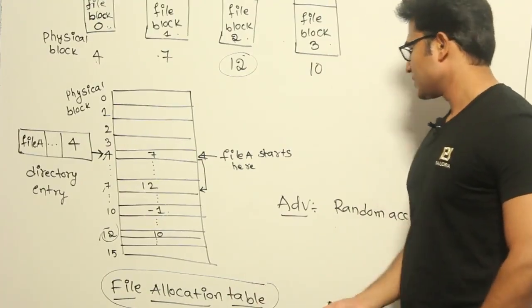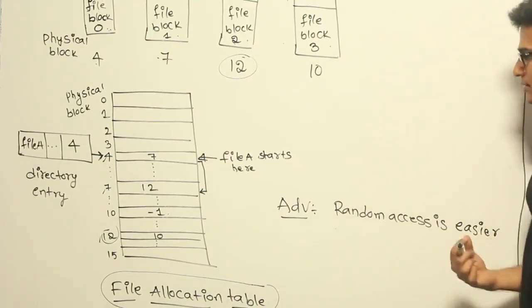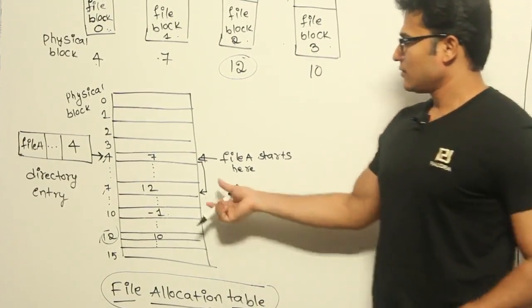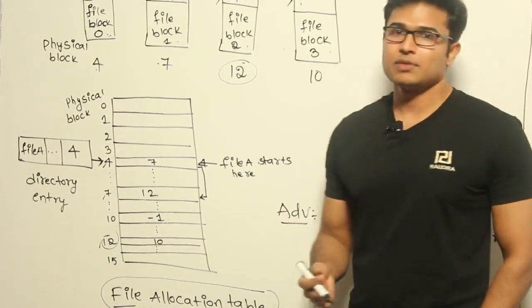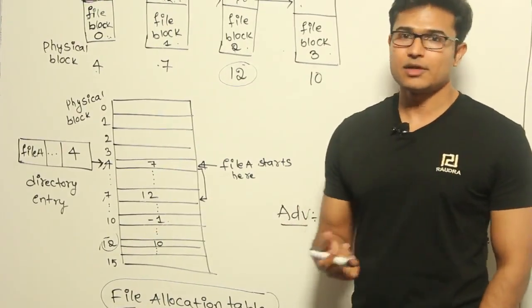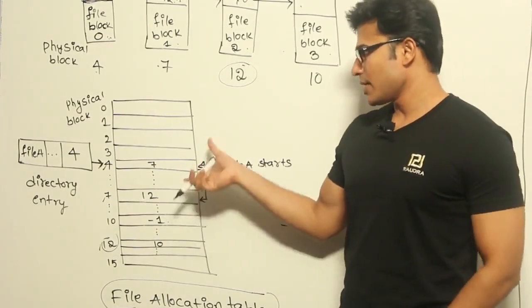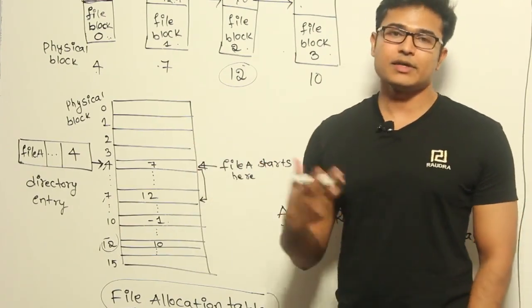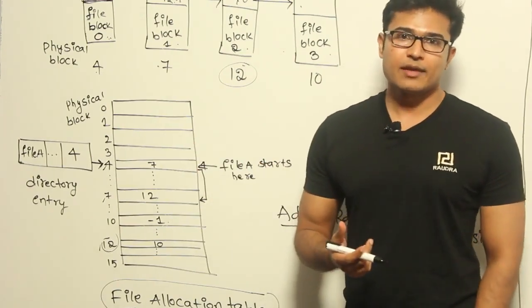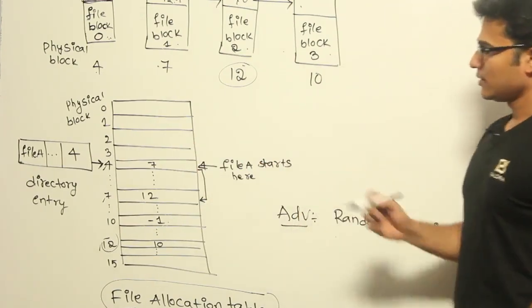Now the advantage is that random access is easier. The disadvantage of this table is that the size of it may be very large, so big that it will consume a lot of memory. For example, I'll give you a scenario.